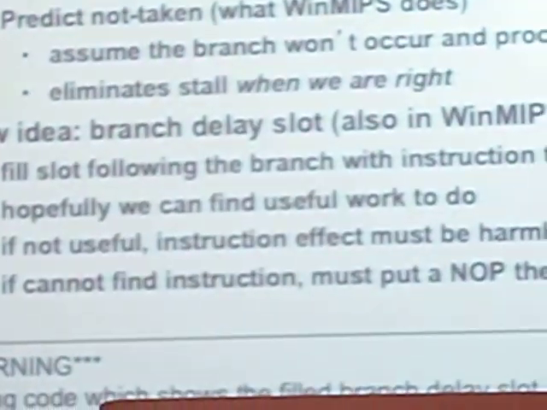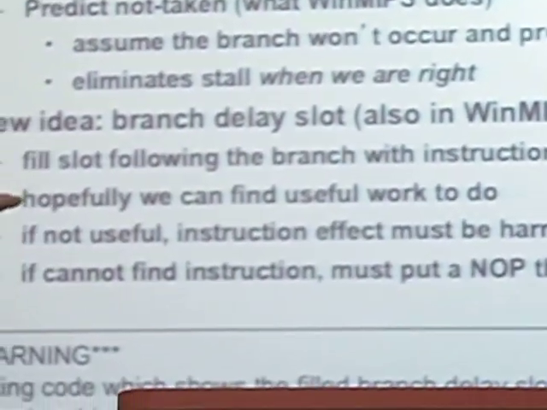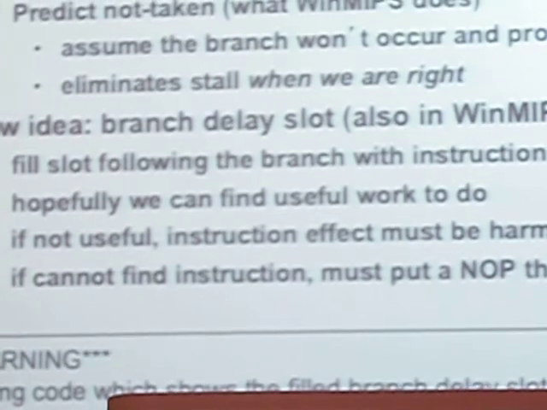So what you see and what happens are counterintuitive. Because you're used to thinking, oh, there's the branch, so everything above the branch is in the body of the loop. But when there is a branch delay slot, the body of the loop includes the instruction that immediately follows the branch. Now, the idea is to fill that slot with an instruction that always executes, and then hopefully we can find useful work to do.